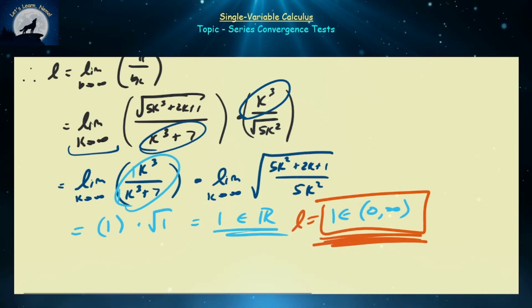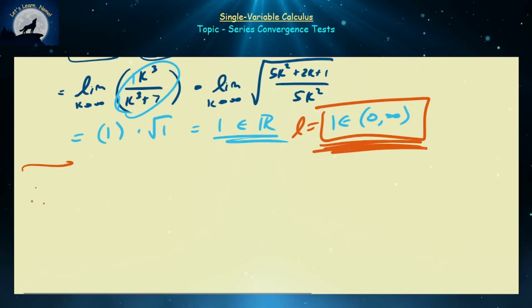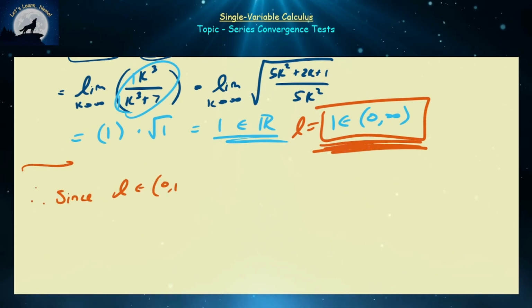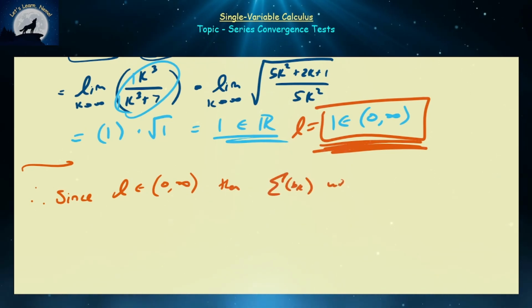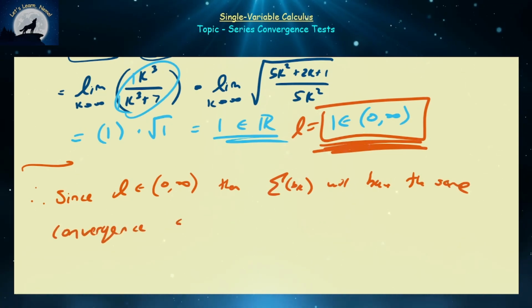Right? Therefore, since we have that L is in between 0 and positive infinity, then this b_k will have the same convergence as the sum of a_k, right?